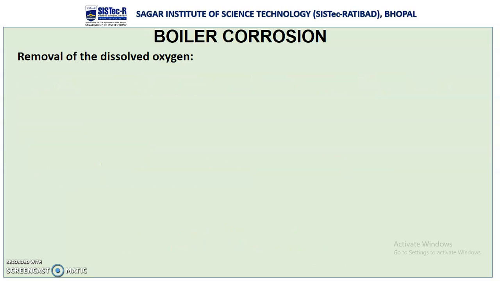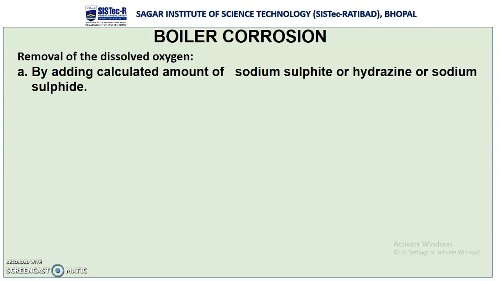Now removal of dissolved oxygen. First is the chemical method. By adding a calculated amount of sodium sulfite or hydrazine, we can remove dissolved oxygen from water. The reaction between sodium sulfite and oxygen gives sodium sulfate.